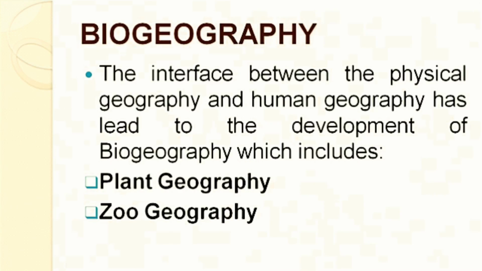If we divide biogeography, it includes plant geography, which mainly considers the spatial patterns of the natural vegetation in their habitat, while zoogeography mainly concerns the spatial and geographical patterns of the animals and natural vegetation in their habitat.